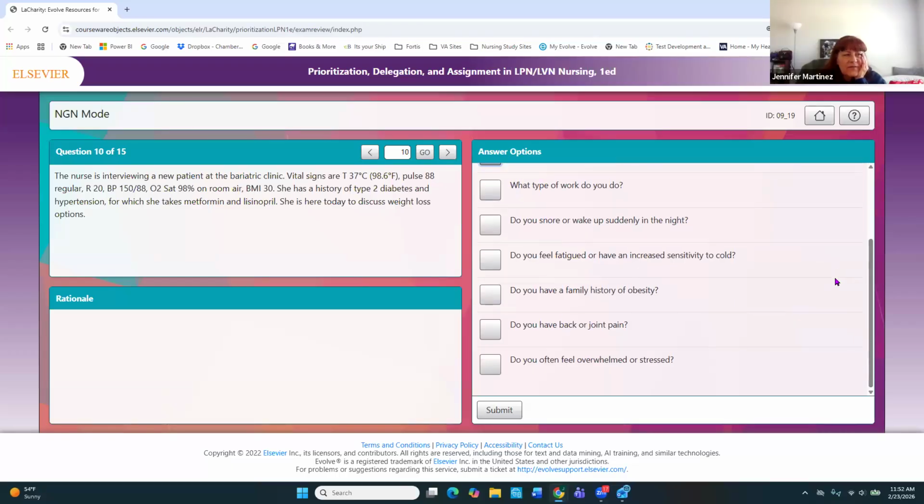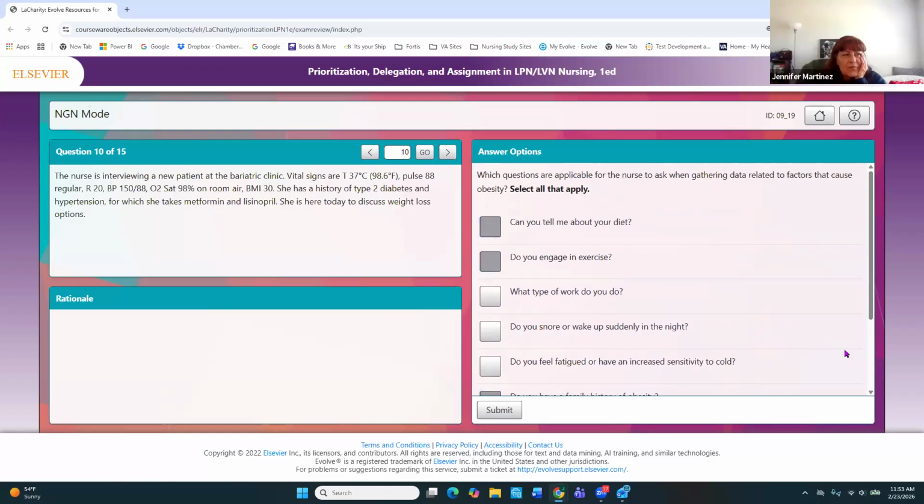Do we feel fatigued or have an increased sensitivity to cold? No. Do we have a family history of obesity? Yes. Any back or joint pain? Yes. Do you often feel overwhelmed or stressed? No.